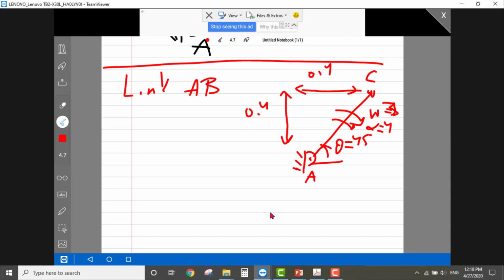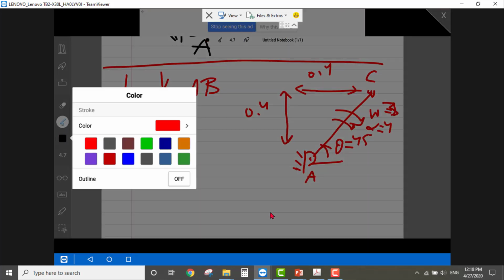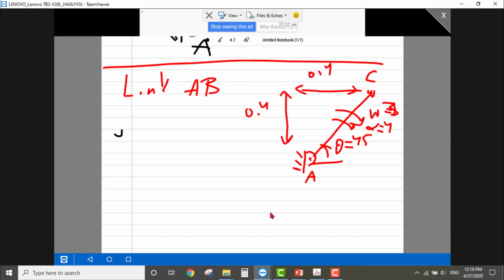Okay, so let's start as usual with the velocity equation. The velocity equation says that Vc, since the slider is pin connected, we'll benefit from the equation of section 16.7.